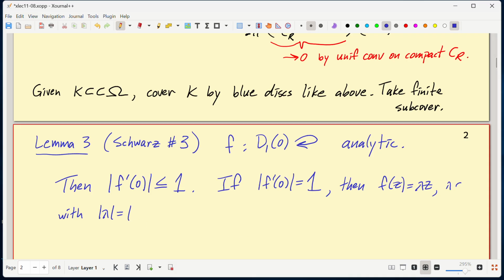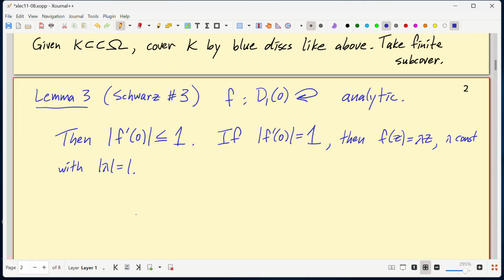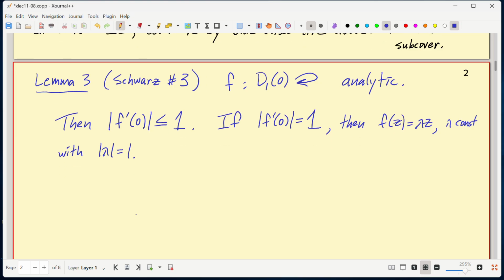Of course, lambda is a constant. Okay. Well, the proof of that's going to be real simple. We already know Schwarz, so what we know now that we didn't know back when I could have done this is about the Möbius transformations, the one-to-one onto maps of the unit disk to itself. And that's what we need here.